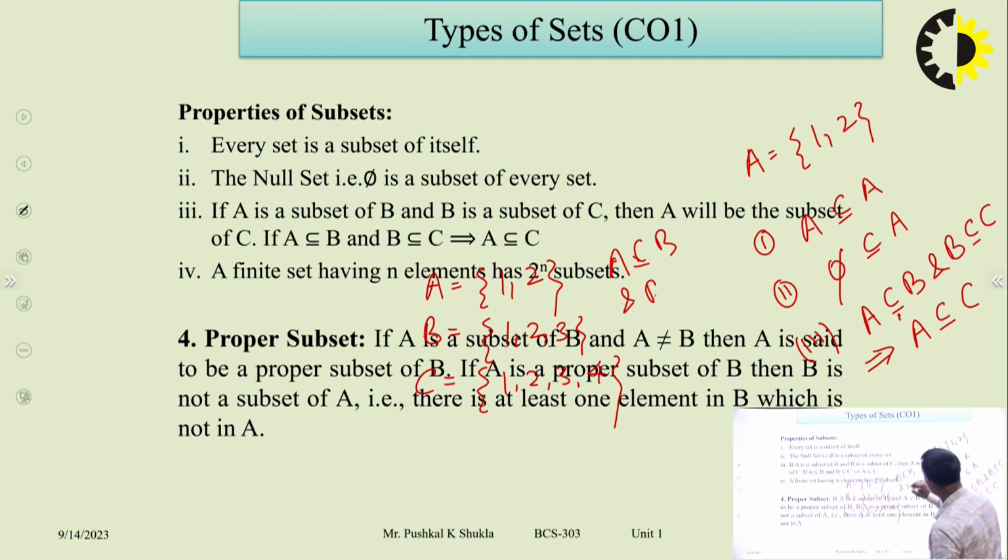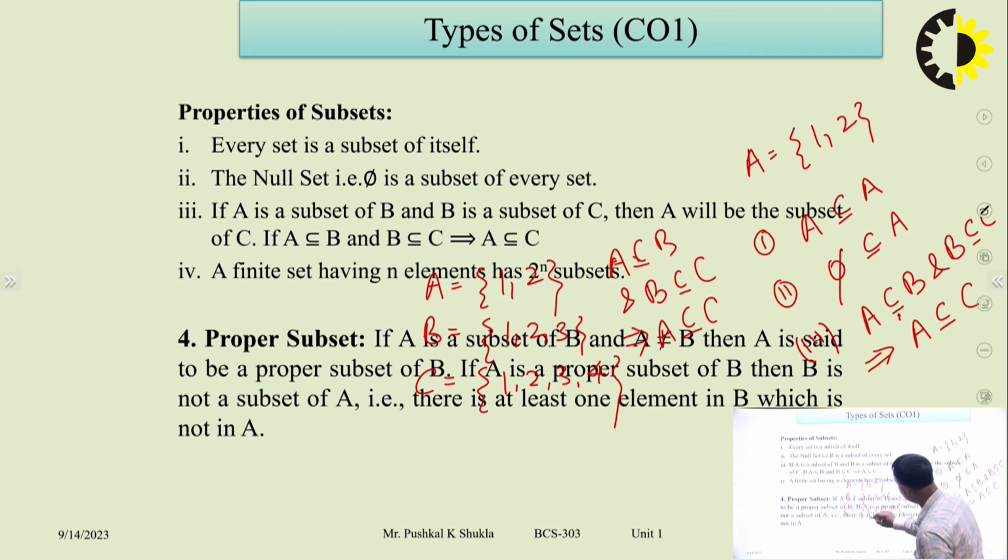So B is a subset of C. This implies A is a subset of C. It means 1, 2, 3, 4 are the elements of C and 1, 2 are elements of A. So 1, 2 are there in C also. So we can conclude A is a subset of C.